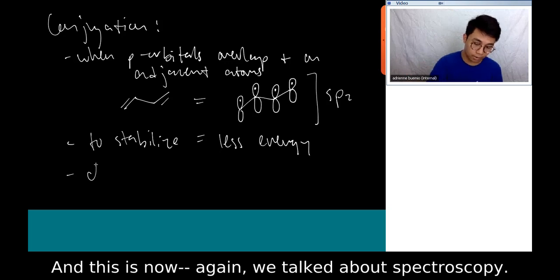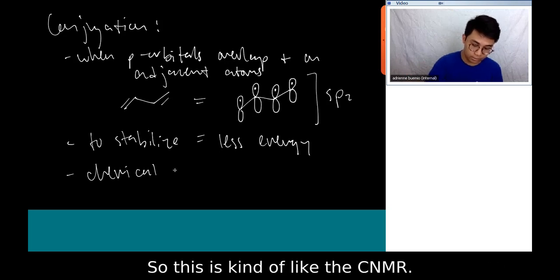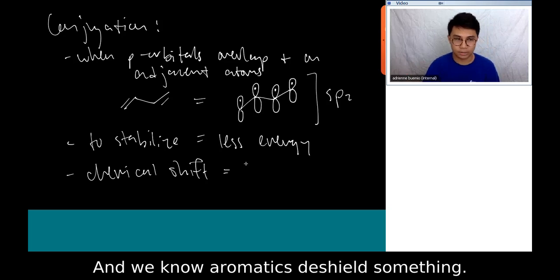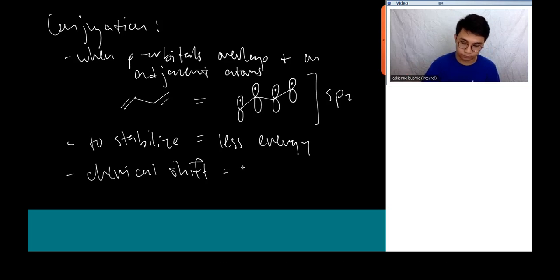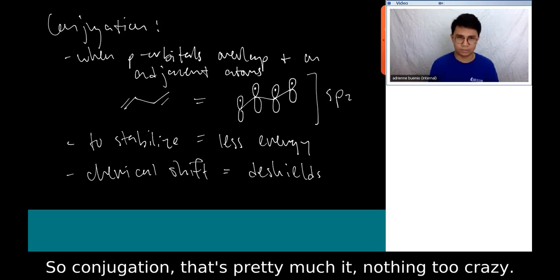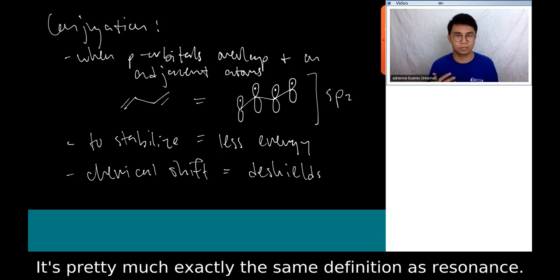And again we talked about spectroscopy, so this is like the CNMR. We know aromatics de-shield. So conjugation, that's pretty much it, nothing too crazy. It's pretty much exactly the same definition as resonance, right?